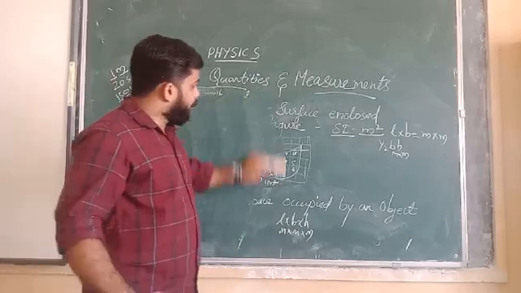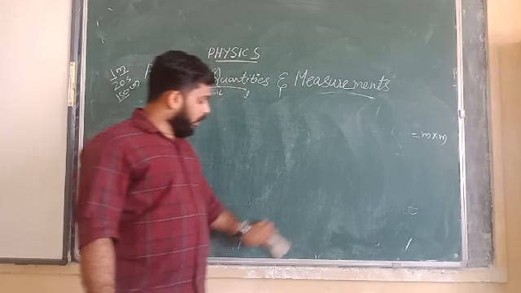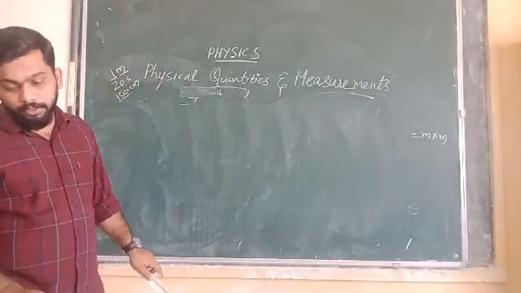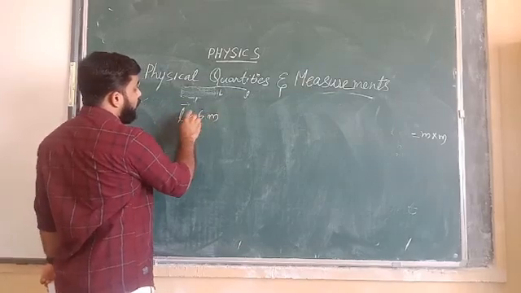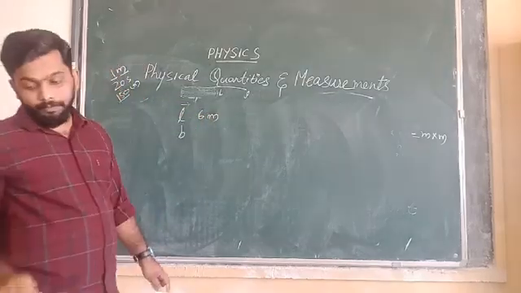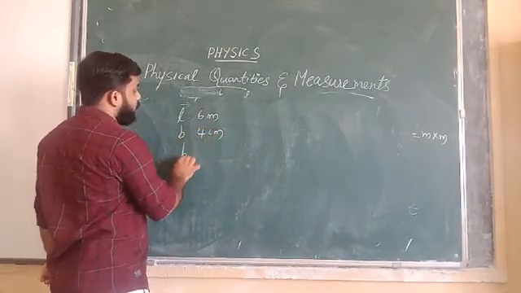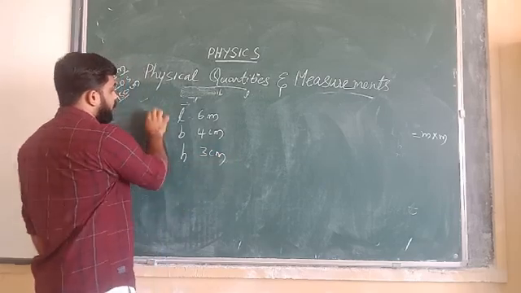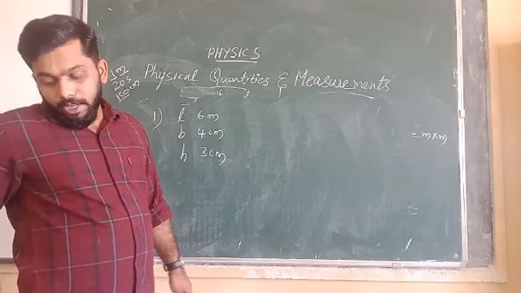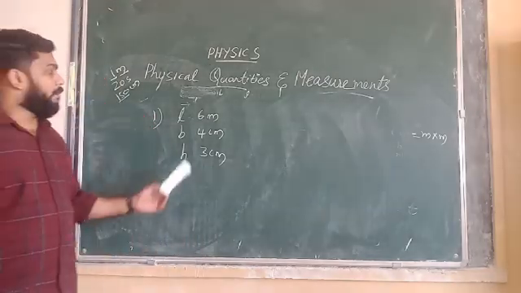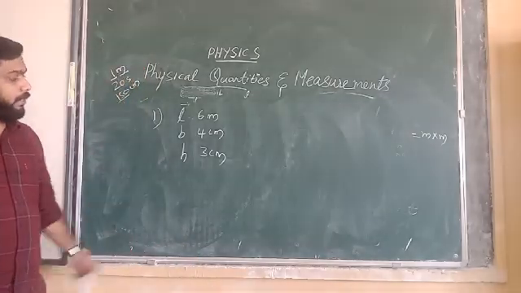Find the volume of a box of length 6 centimeter, breadth 4 centimeter, and height 3 centimeter. This is the first question. Find the volume of a box which is having length 6 centimeter, breadth 4 centimeter, and height 3 centimeter.